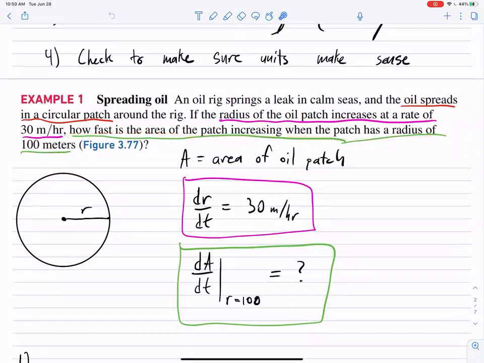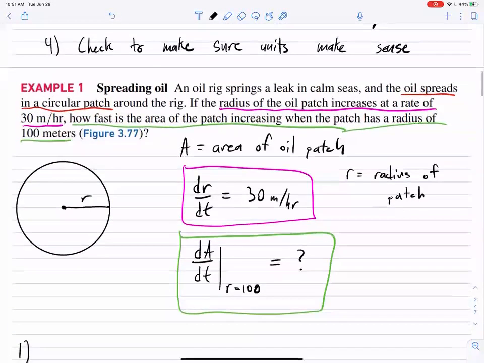And so we need to give these things some labels. So label 1, A, we're going to call that the area of the patch. And little r is the radius of the patch. And so those are the variables. And what is this pink? The radius of the oil increases at a rate of 30 meters per hour.